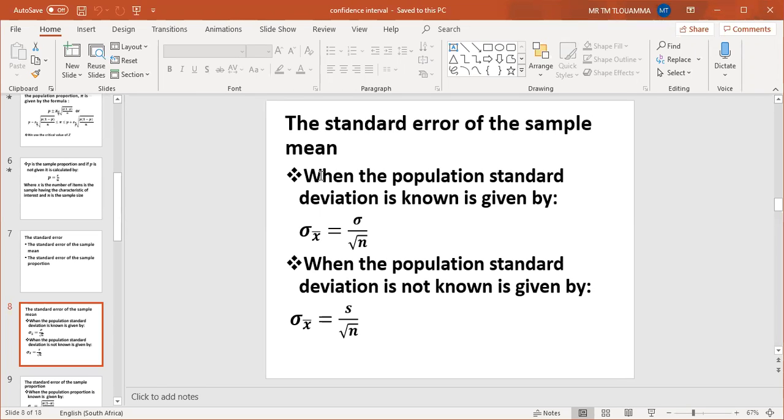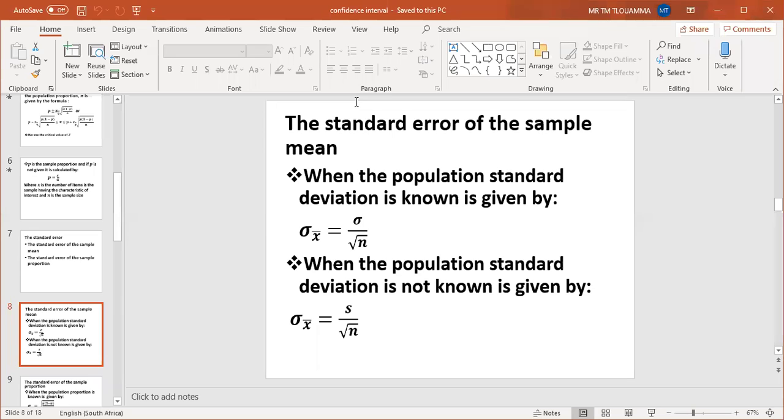That's why I'm saying that before you start writing, make sure that your formulas are all put in place. You indicate that this is the formula to calculate the mean when the standard deviation is unknown, the population proportion. So all the formulas should be put in place, okay?